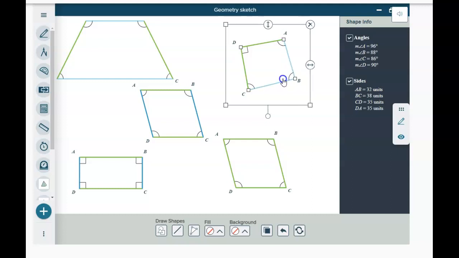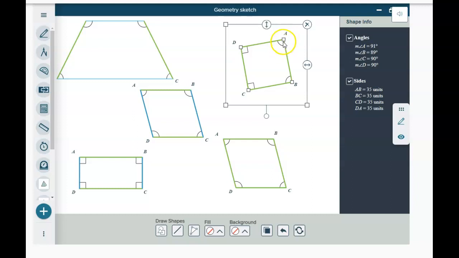And the only way that I can get them to be the same length is going to be, let's see here, right there. Okay.